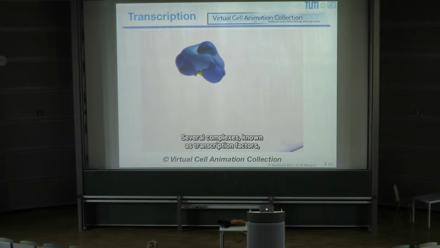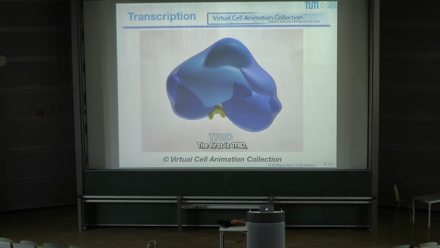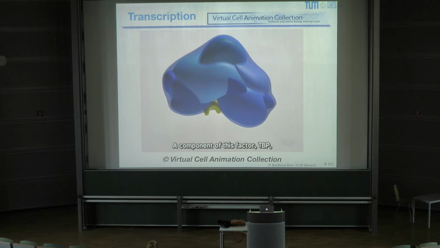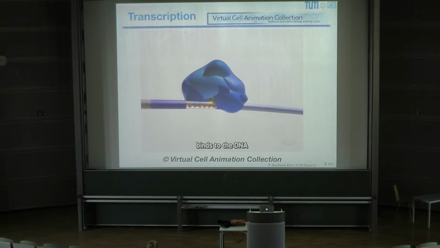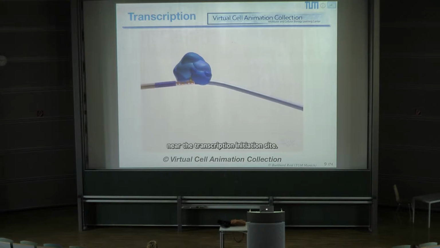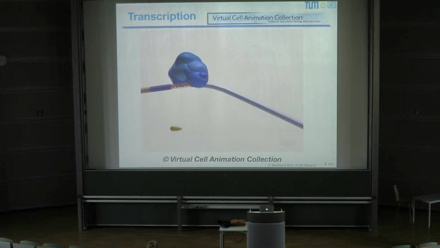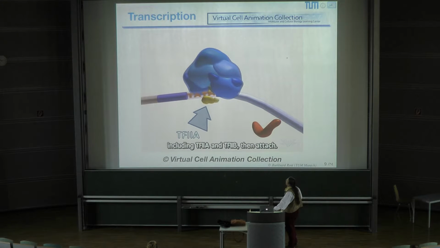Several complexes, known as transcription factors, are required for successful transcription. The first is TF2B, the largest of the general factors. A component of this factor, TBP, binds to the DNA using the Tata box to position TF2B near the transcription initiation site. Other transcription factors, including TF2A and T.